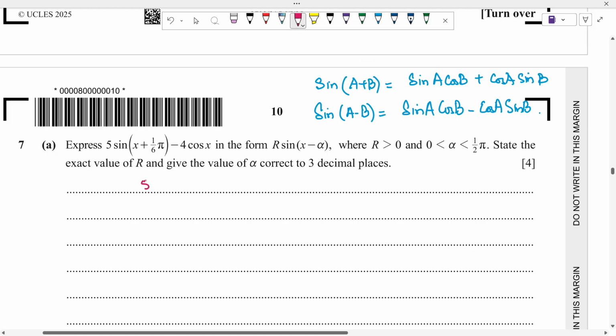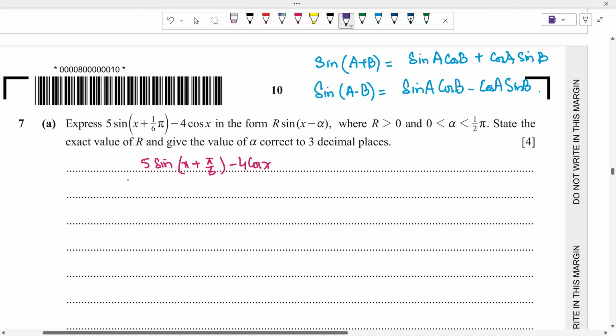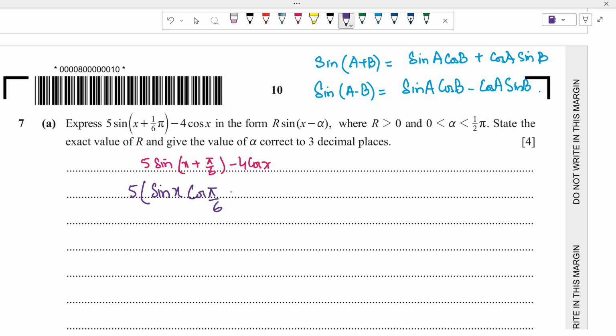First, we have 5 sine (x + π/6) − 4 cos x. So we apply the sine (A + B) formula. So 5 times sine x cos π/6 plus cos x sine π/6, minus 4 cos x.